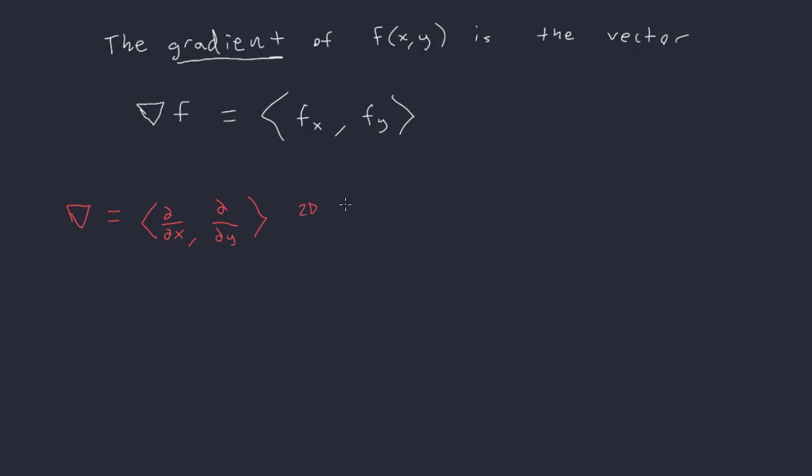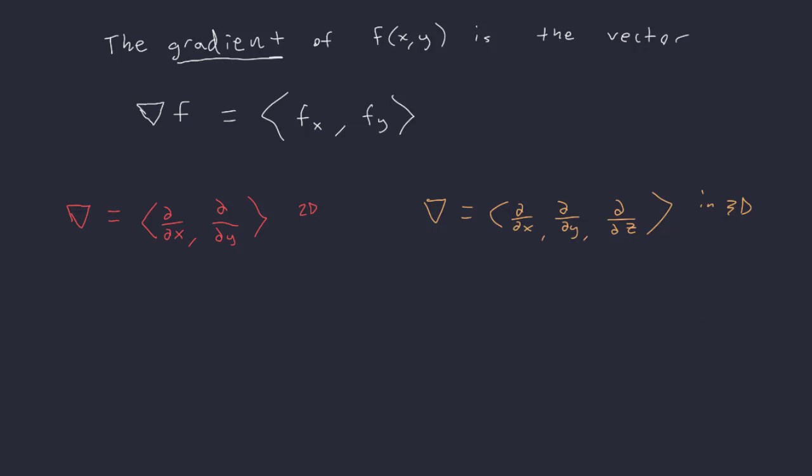And that's 2 dimensions. We can also have a 3-dimensional version, which would be the partial derivative with respect to x in the x component, y in the y component, and the partial with respect to z in the z component. You can go as far as you want, as many variables as you have, this gradient operator is going to act this way.